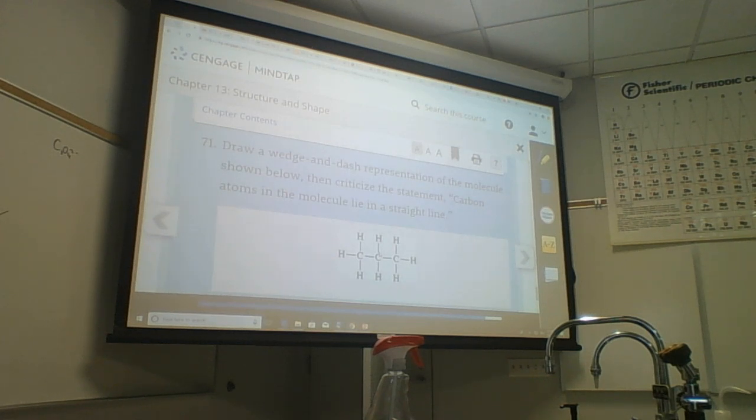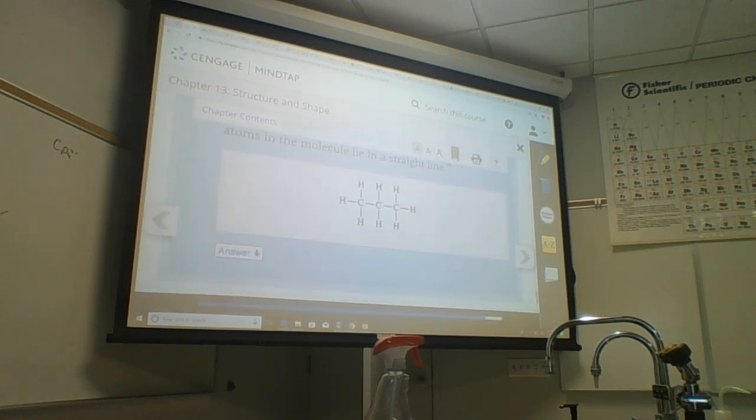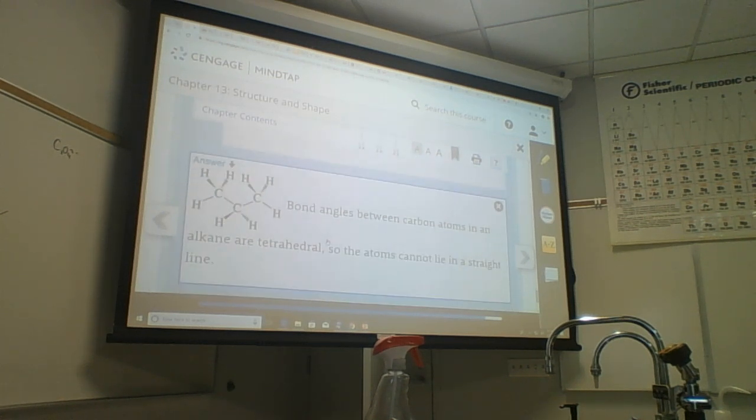Now, we could twist it, these are called conformations, so we could twist it to the hydrogen. If we twist this, then the hydrogen forms another zag. So they twisted it.